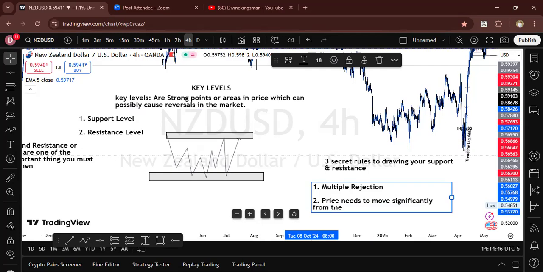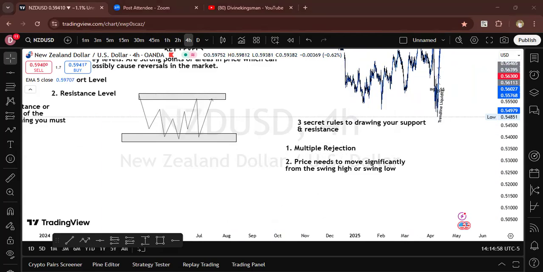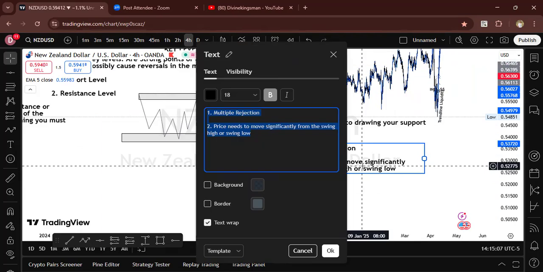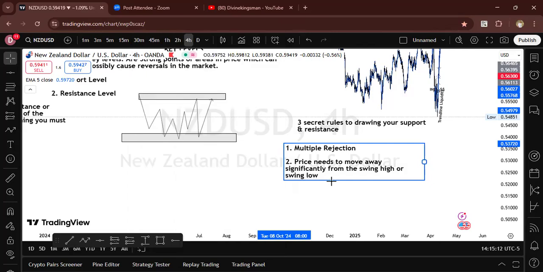So the first rule is multiple rejection, while the second rule is that price needs to move away significantly from the swing low or swing high.